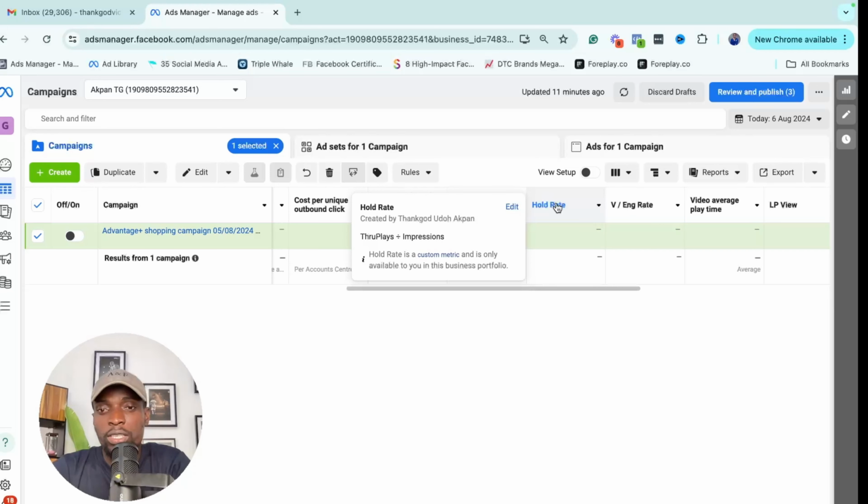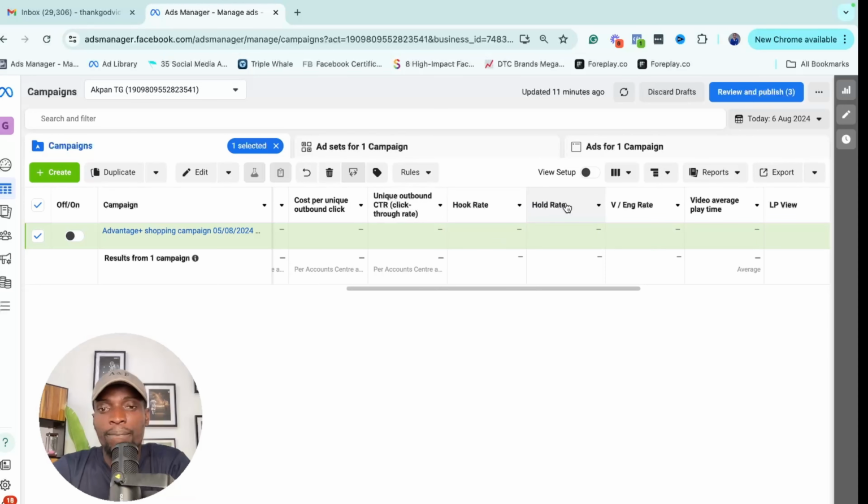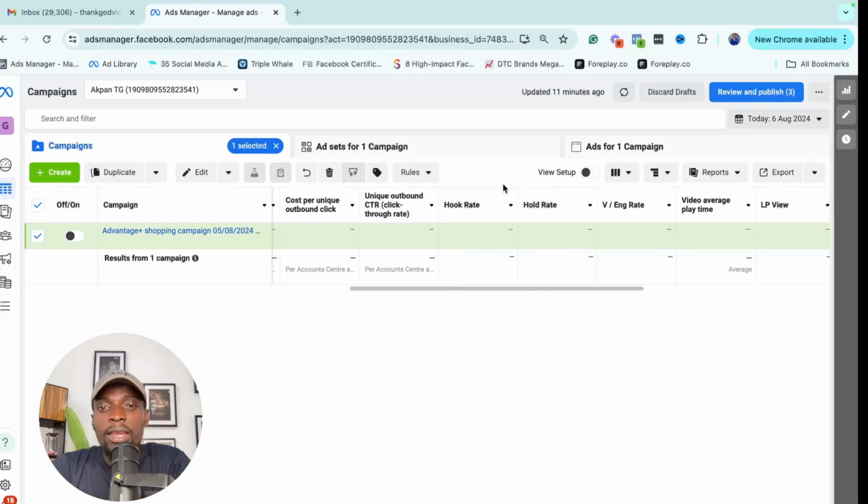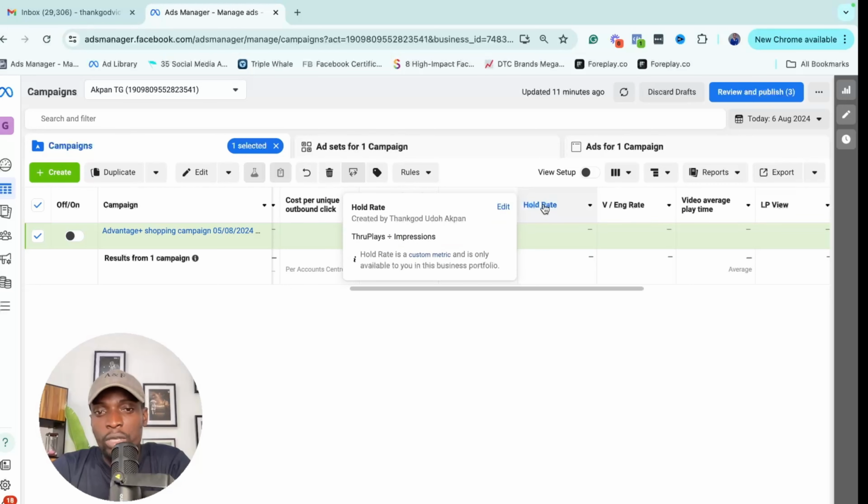Because the truth is this, if you have a great hook and you don't have a good hold rate, it means that either you're just getting the wrong attention or you're just stopping the scroll. It is maybe clickbaity, but people are not staying to actually watch the video. So you need to compare your hook rate and your hold rate together to see how your ad is actually performing.